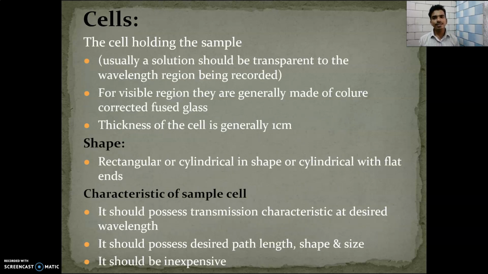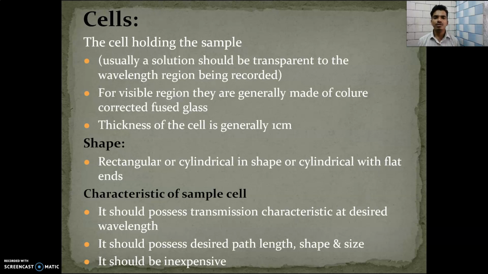So cells means the sample cell or sample holder. It holds the sample. Usually the solution should be transparent to the wavelength region being recorded. For the visible region, they are generally made of color-corrected fused glass, and the thickness of the cell is generally 1 centimeter.